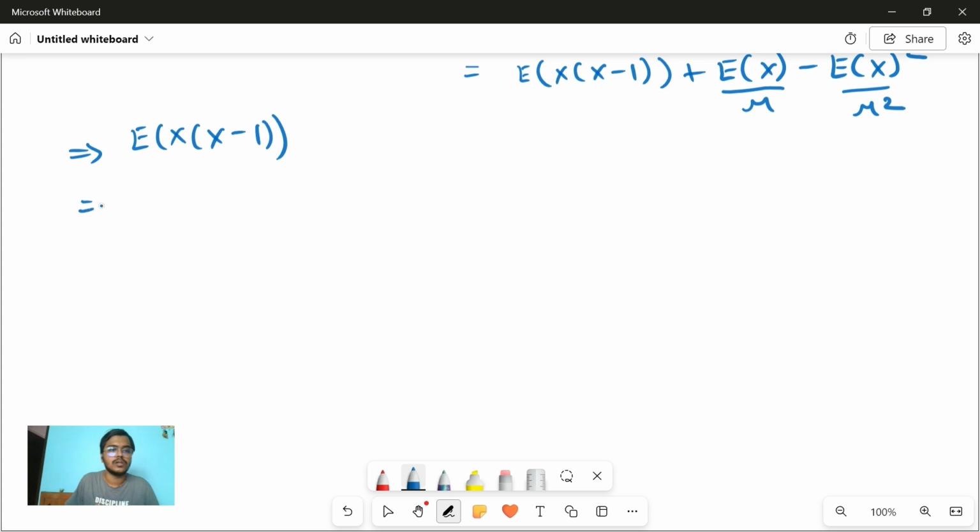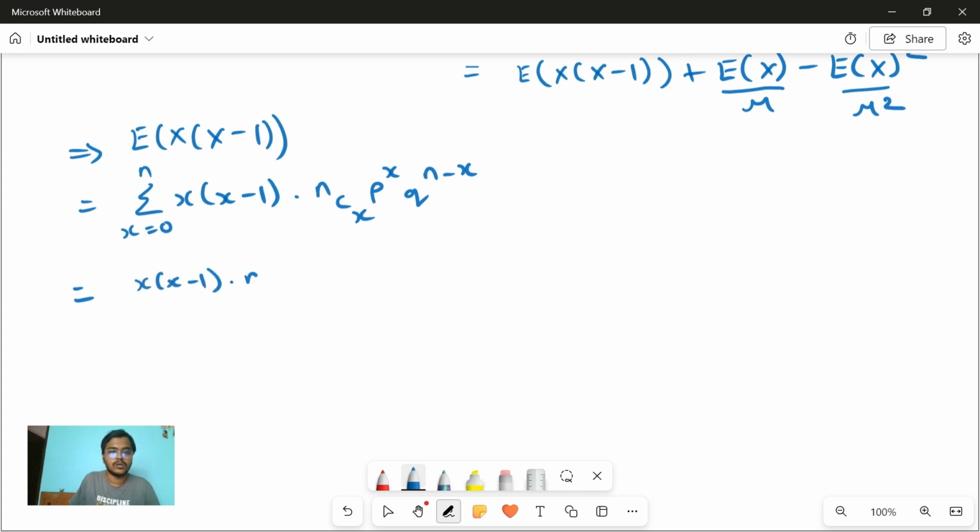So this will be equivalent to sigma x equal to 0 to n, X into X minus 1 into nCx p power x q power n minus x, right? I will not write the limits again. So X into X minus 1 into n factorial by x factorial into n minus x factorial into p power x into q power n minus x.